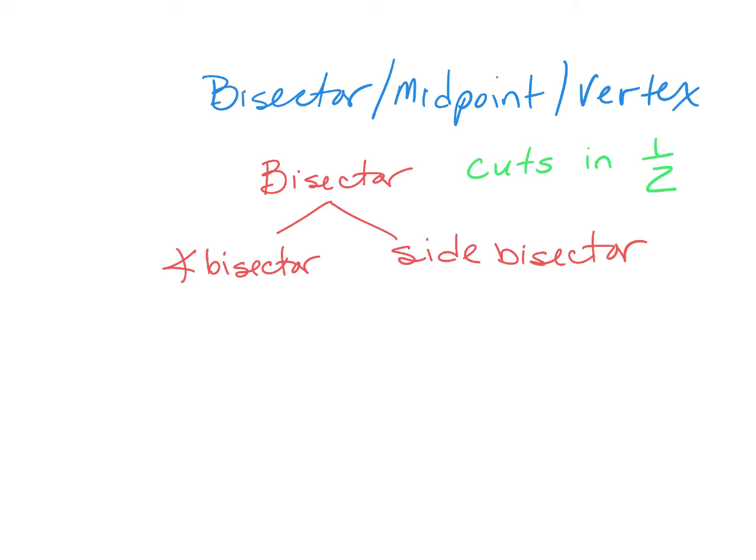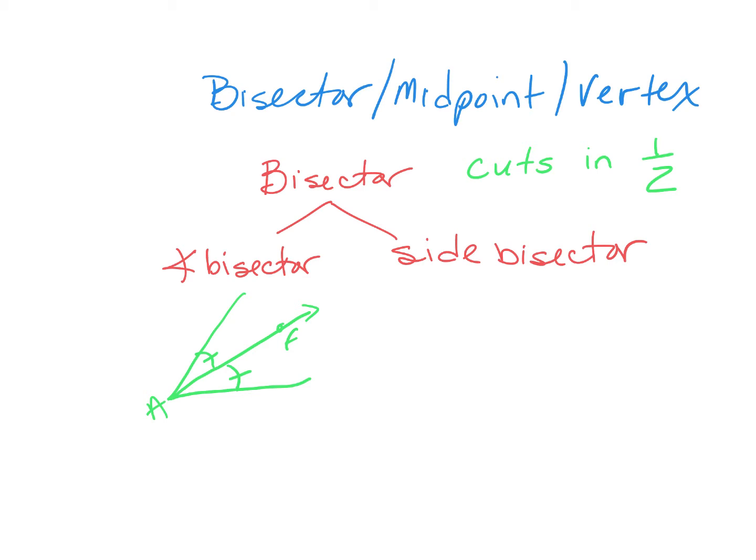You can have an angle bisector, and it's going to look something like this, where this is cut like that. If they say that AF is an angle bisector, you can conclude that that angle is equal to that angle, okay?